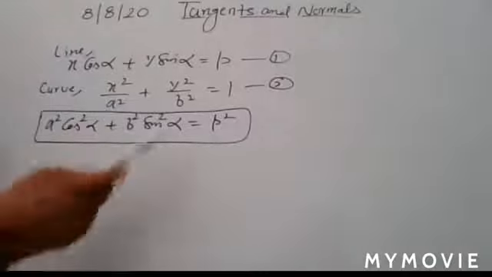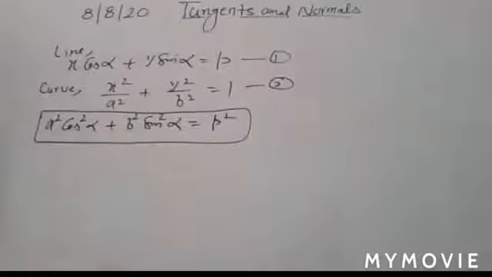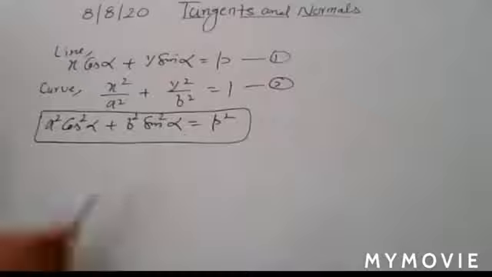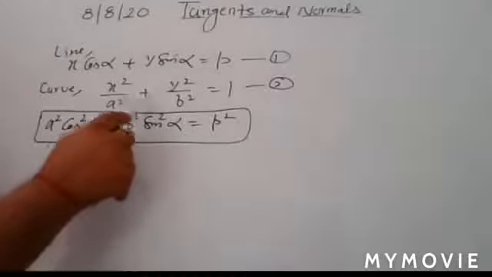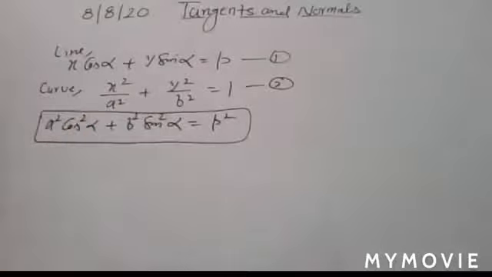So automatically, equation 1 is also the equation of the tangent. Using your concept of finding the equation of tangent with the help of the second curve, you find the equation of tangent by taking any point x1 y1 that is the common point, or you can say the point of contact.